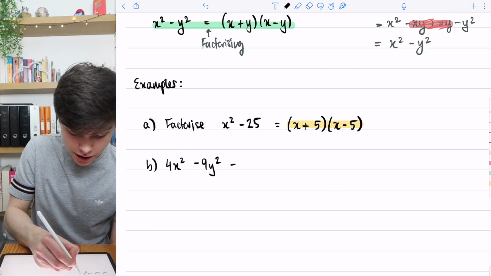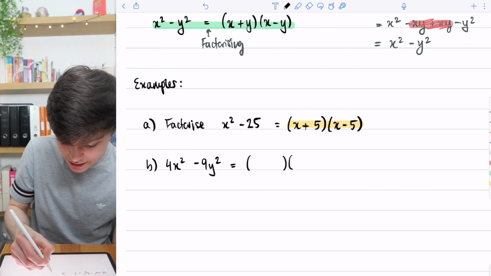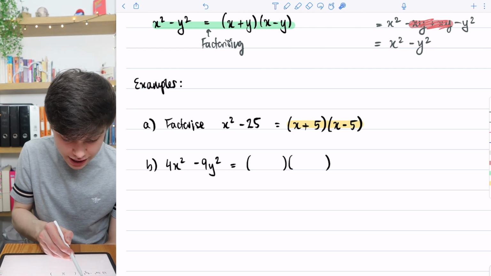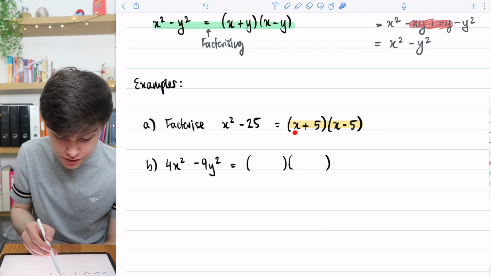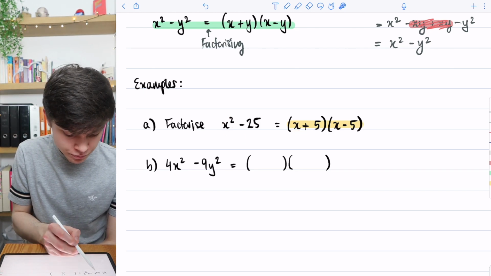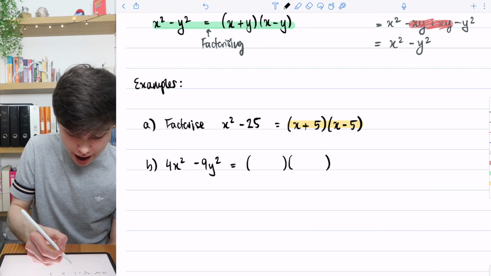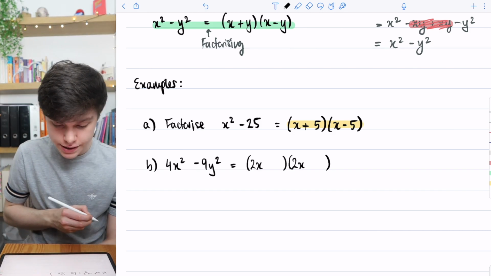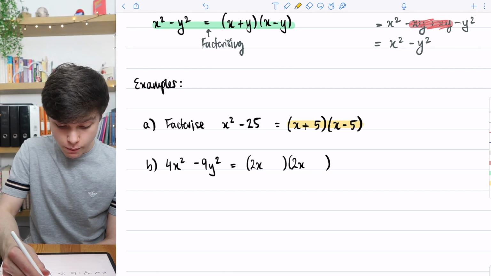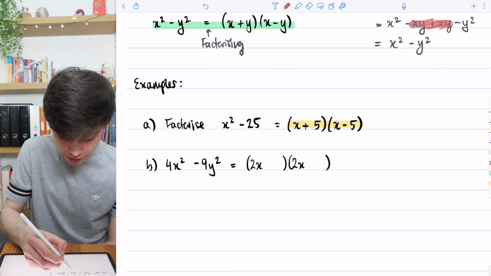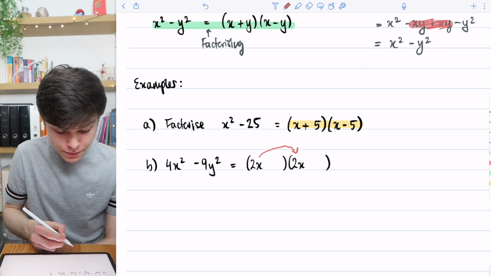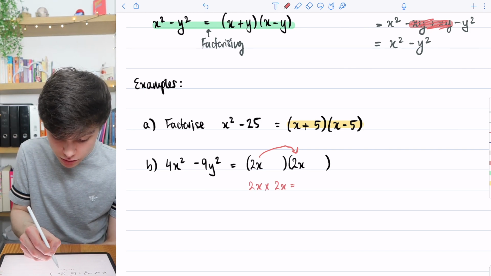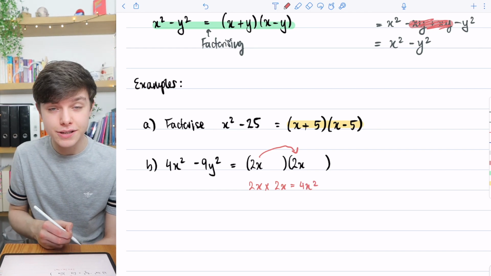That's perfect. So we can write 2 brackets and we can say, well, the square root of 4x squared, just like we square rooted x squared here to give us x. We need to square root this and that will give us 2x. And in the other bracket, we also need a 2x so that when we expand, and I'll do that in red along there, that will give us 2x times 2x, which will give us 4x squared.